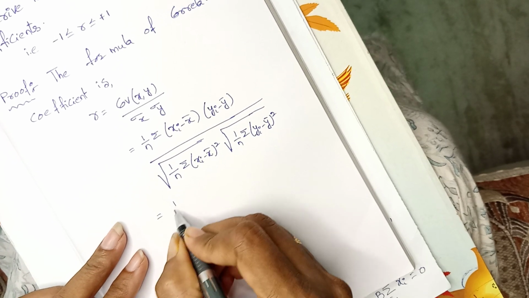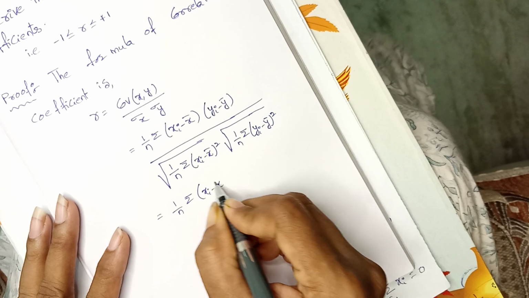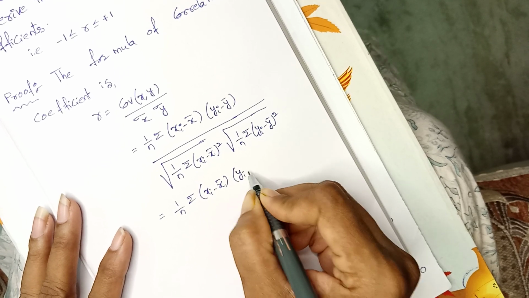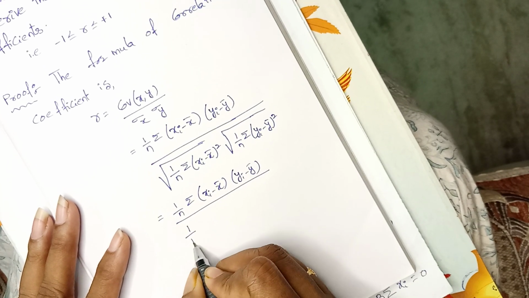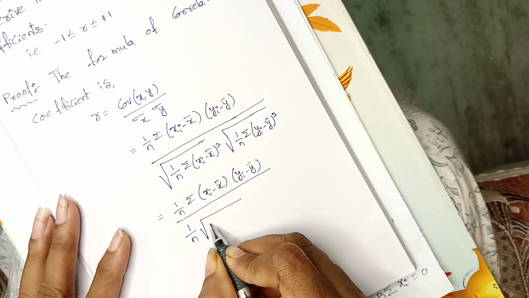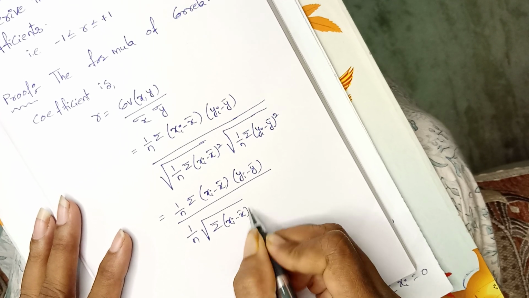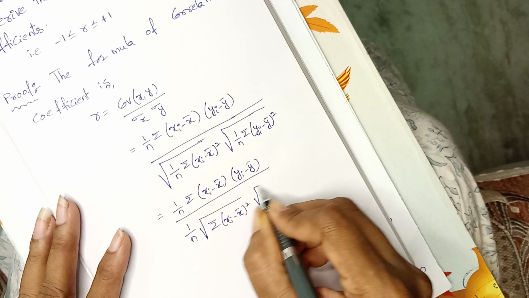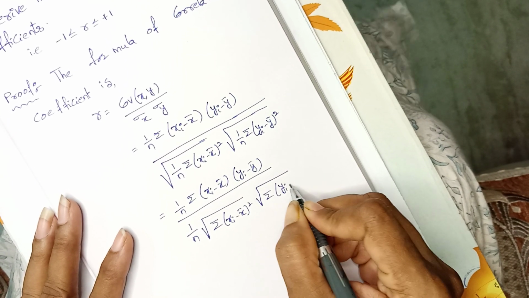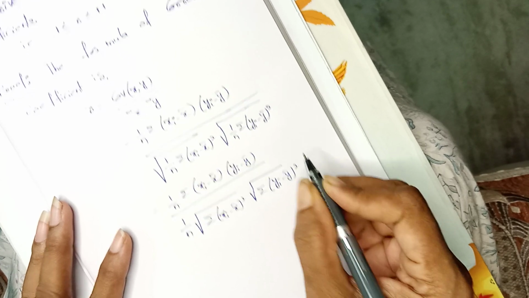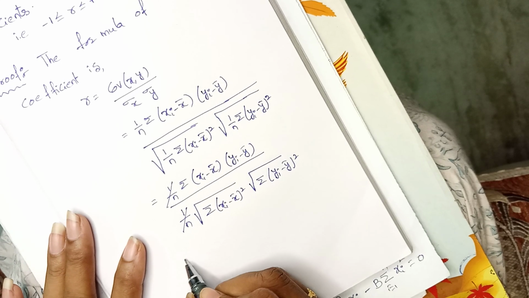So 1 by n summation (xi minus x bar)(yi minus y bar) divided by 1 by n, square root of summation (xi minus x bar) whole square into square root of summation (yi minus y bar) whole square. So both get cancelled.